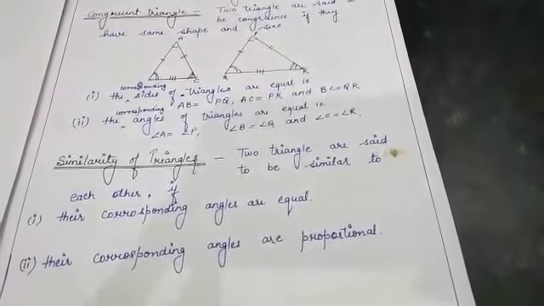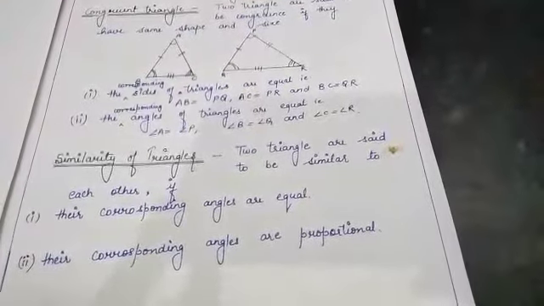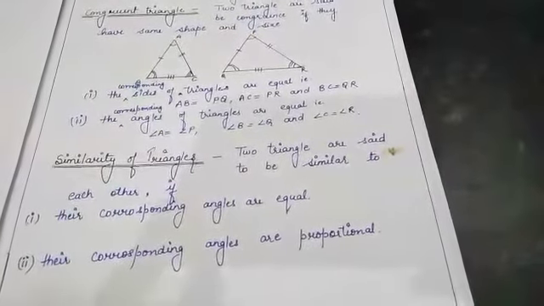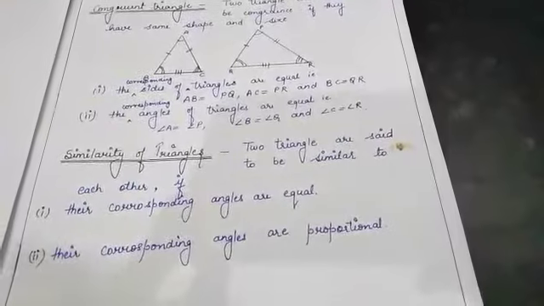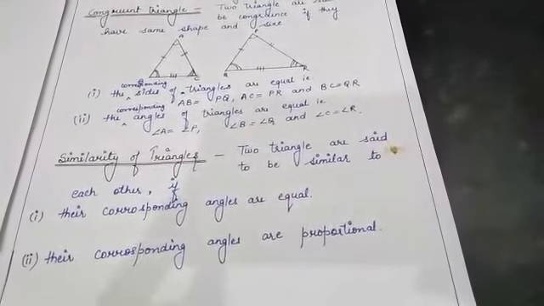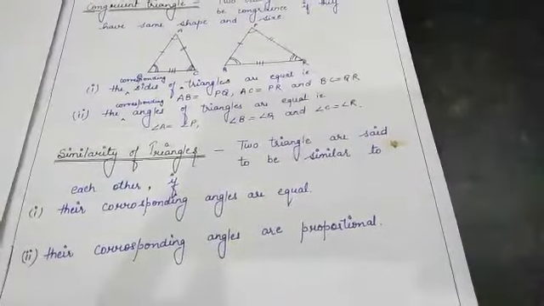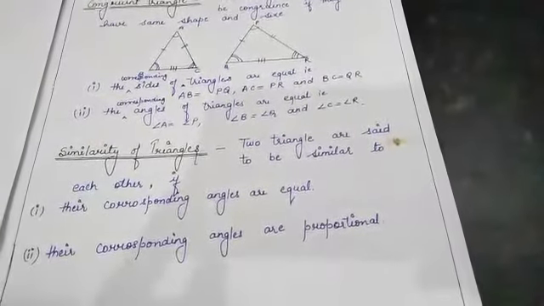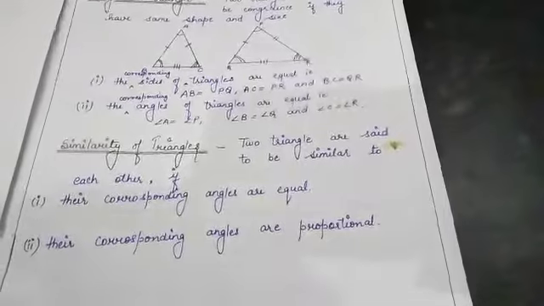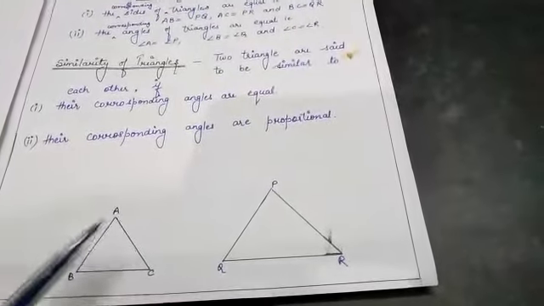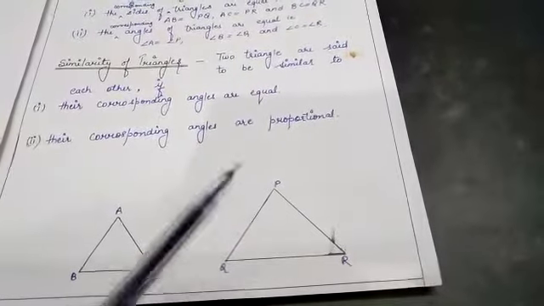So this is the basic difference between congruent triangles and similar triangles. In congruent triangles, shape and size are the same, but in similar triangles, the shapes are the same, but the sizes are not the same. You can see here these are two similar triangles ABC and PQR.